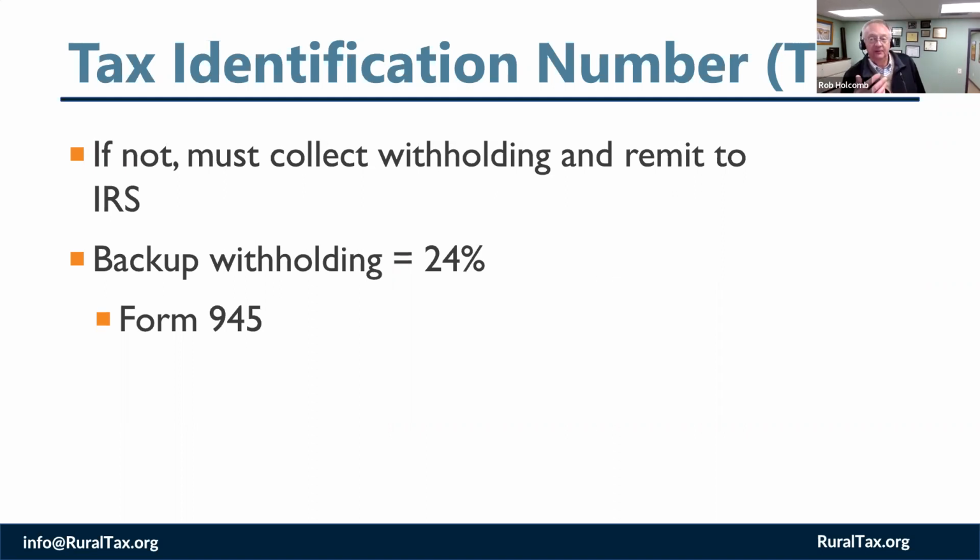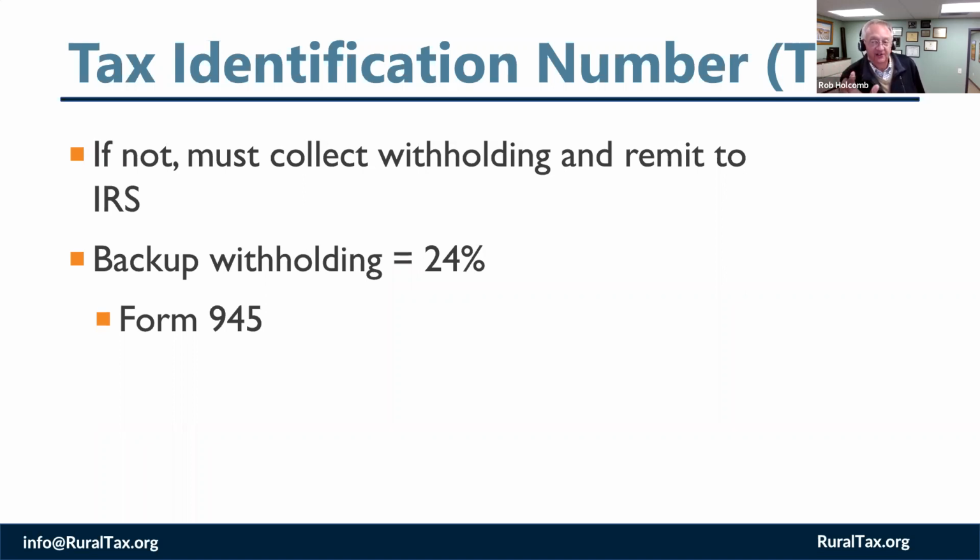We'll just keep the numbers small but simple. If they didn't give you a tax ID number, you can back up withhold $240 out of the $1,000. And you end up sending that into the government. And that's supposed to cover the tax bill for the landlord.